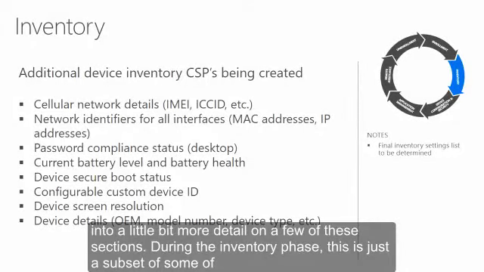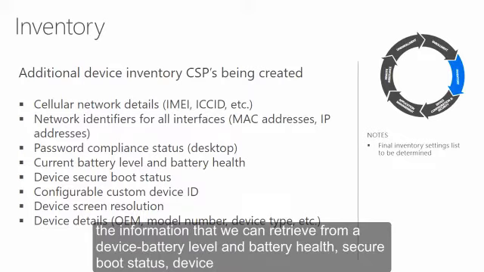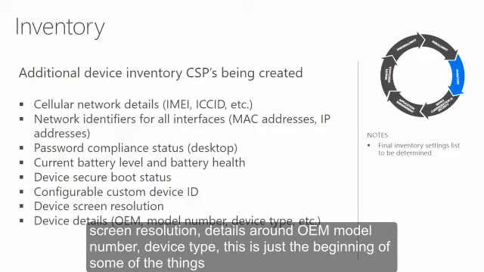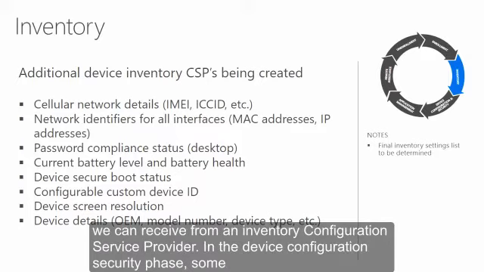During the inventory phase, this is just a subset of some of the information that we can retrieve from a device. Battery level and battery health, secure boot status, device screen resolution, details around OEM, model number, device type. This is just the beginning of some of the things we can receive from an inventory configuration service provider.